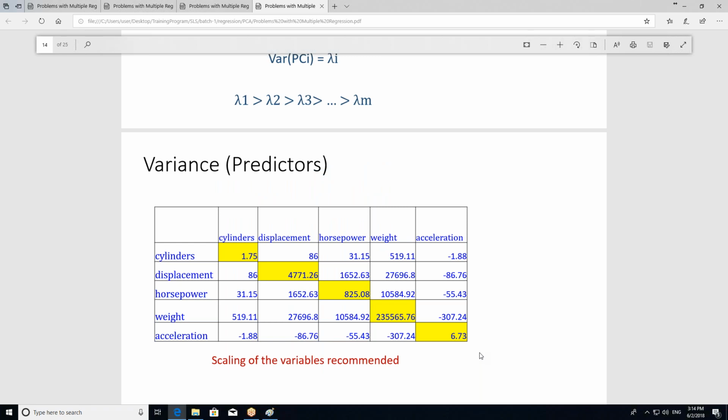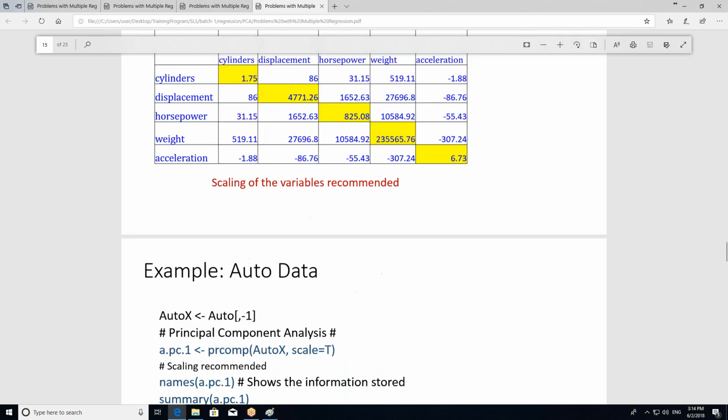Okay, so you understood what a principal component is and why a principal component is created. Now I have taken the variance also. You can have a multi-collinearity matrix or variance matrix, and it says you can remove it.